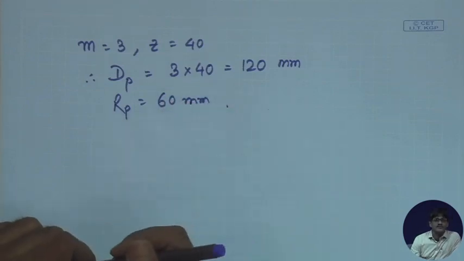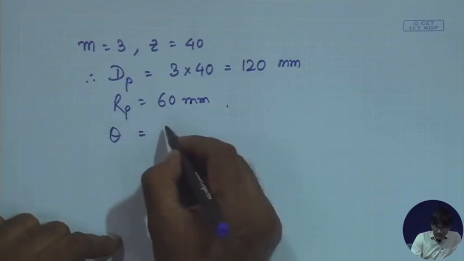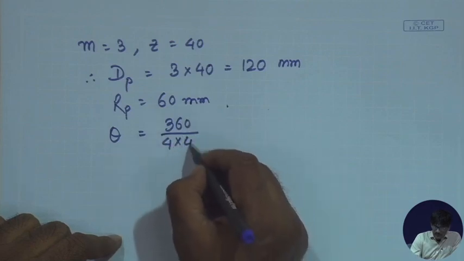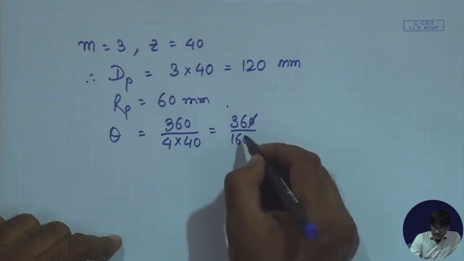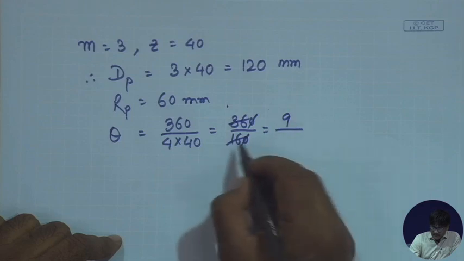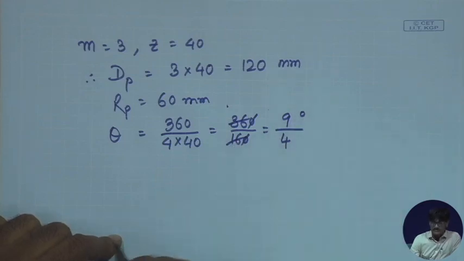We also know theta is equal to 360 by 4 into number of teeth. So, 360 by 160, 0 cancels, we have 9 by 4 degrees.